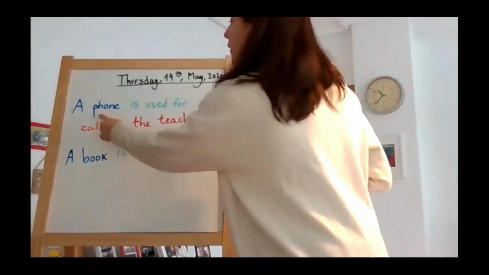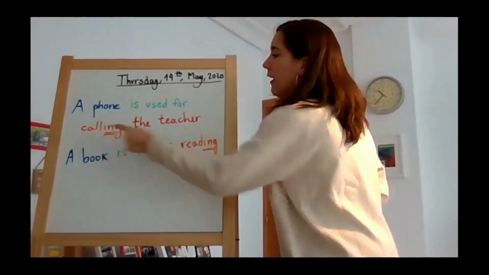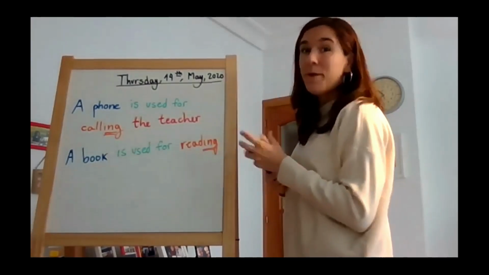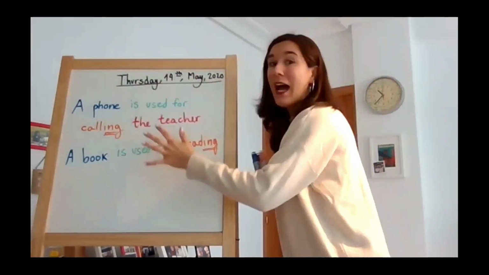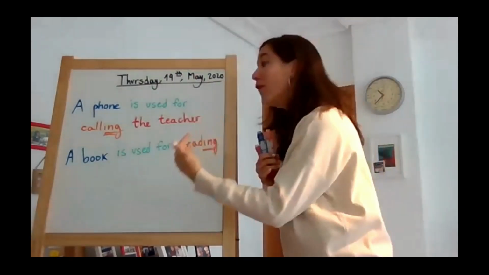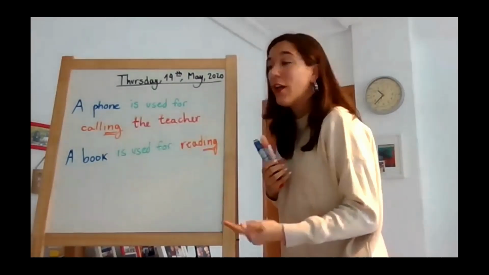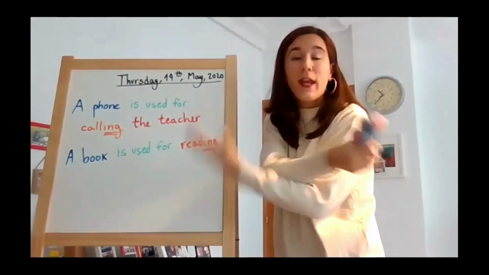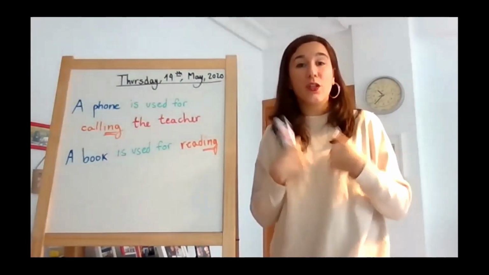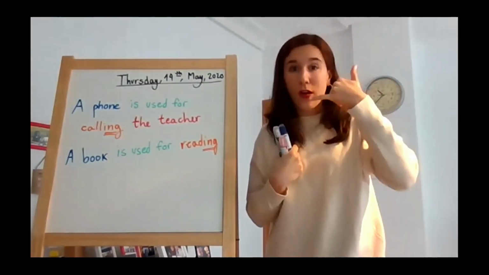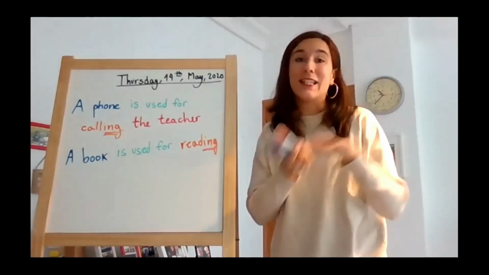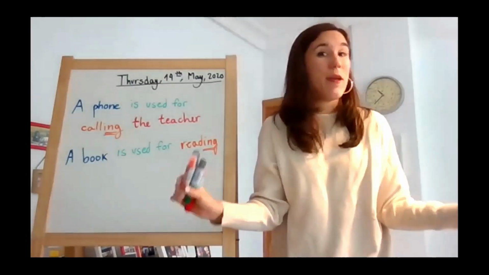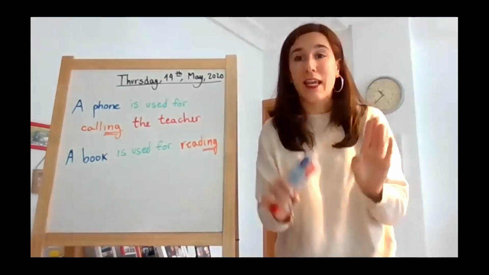So, a phone is used for calling the teacher. A book is used for reading, okay? This is the same as we can use a phone for calling, or we can use a book for reading. We just say it in a different way. Instead of saying, I can use a phone for calling, we say, a phone is used for calling. But it is the same. It means the same. The meaning, significado, is the same, okay?